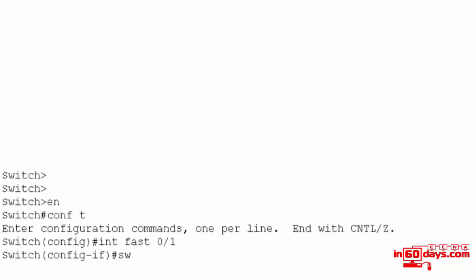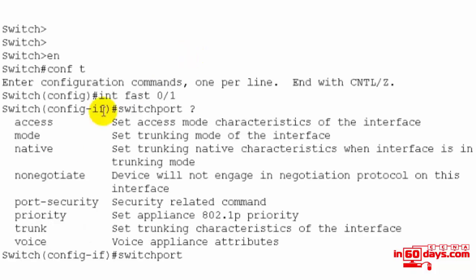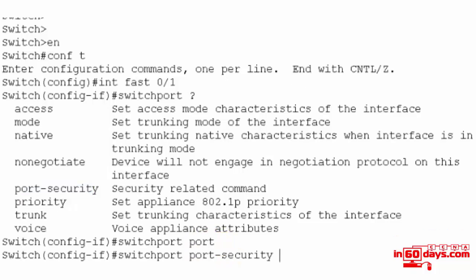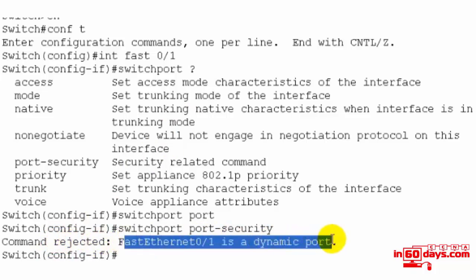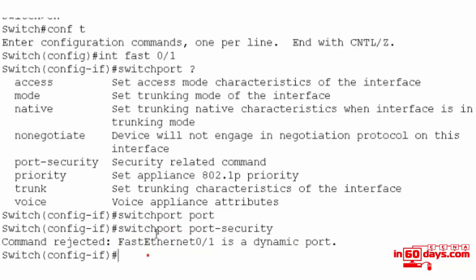If I do the command switchport, now if I type question mark, the command is port-security that I'm looking for. Now if I press enter, it says command rejected, FastEthernet is a dynamic port, so we need to hard set this as an access port.